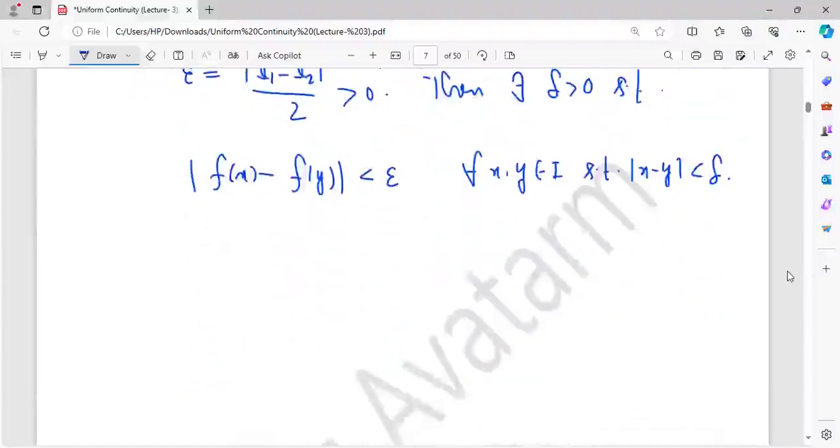But limit x tends to a plus is L1 and x tends to a plus is L2.